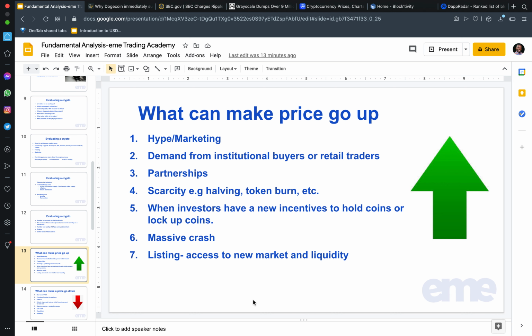So whenever there's a massive crash, you want to be looking for opportunities to buy the dip, guys. It works. All right, and when there's a new listing, especially for coins that have low market cap, coins that are just new, because of access to a new market and liquidity, price could go up.